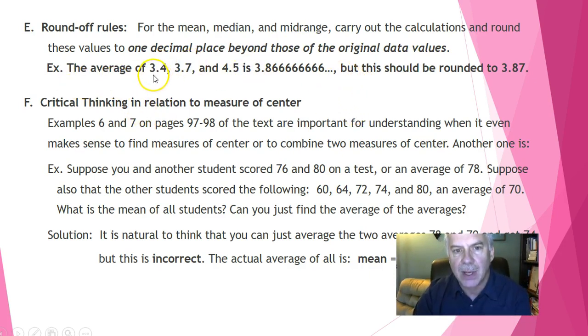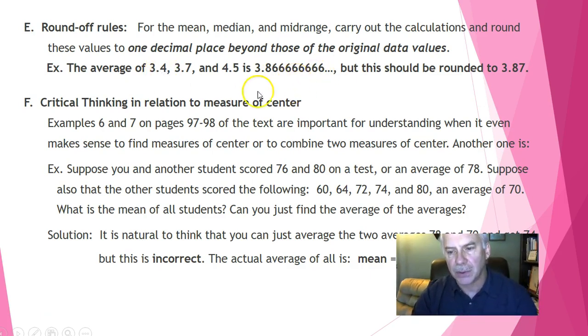So here's an example. Let's say you're averaging 3.4, 3.7, and 4.5. If you add them up and divide by 3, since there's 3 numbers, you get a mean of 3.8666666 repeating forever.